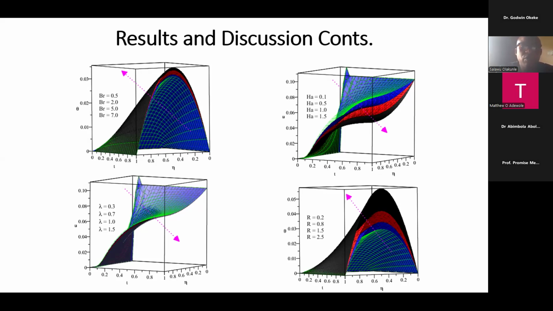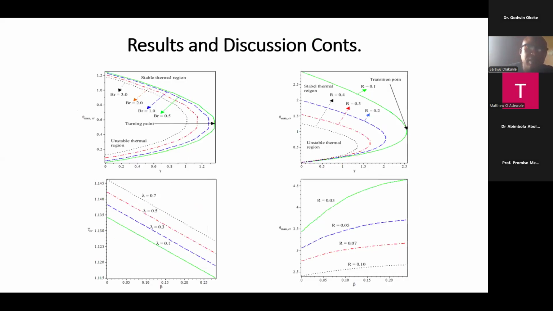When the flow is dragged down, the heat within the system can be improved. That is why we consider the magnetic term and the physical material. The essence of it is to increase the viscosity of the fluid so that the flow rate can be dragged down, and then we can have better energy or better heat transfer.